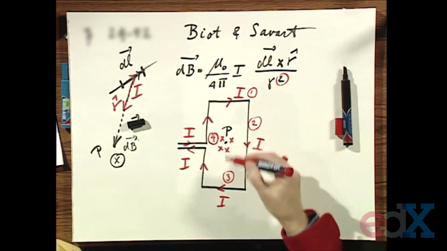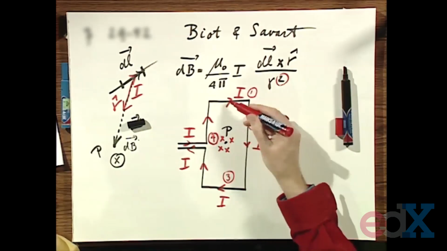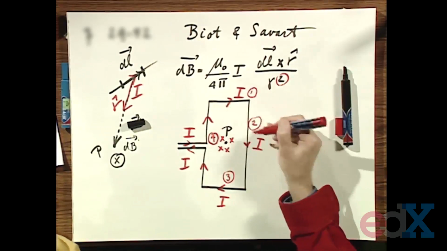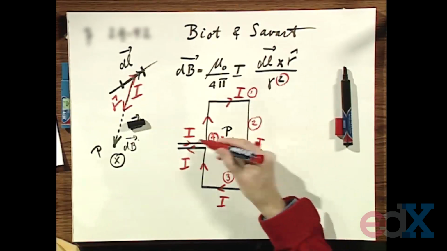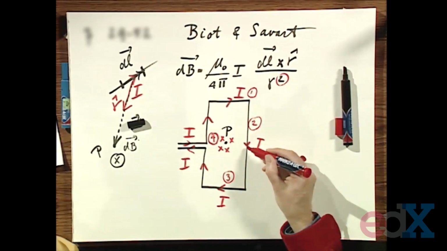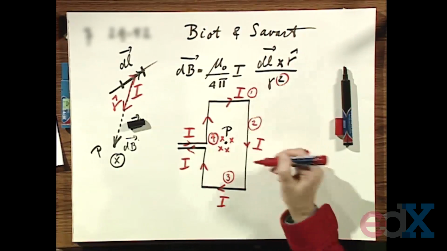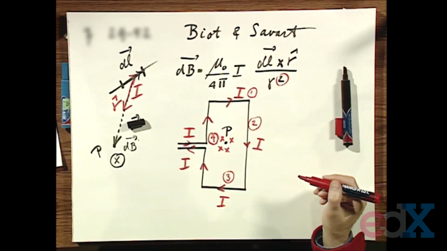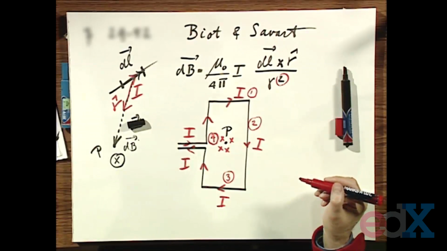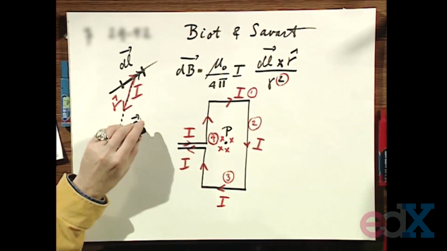Now 1 and 3 will have obviously exactly the same effect, so it's enough that you only calculate 1 and double it. 2 and 4 also have the same effect in magnitude and in direction, so it's enough that you calculate 2 and double that if you so desire. I will set up the situation in general terms and then I will leave you alone with the details.